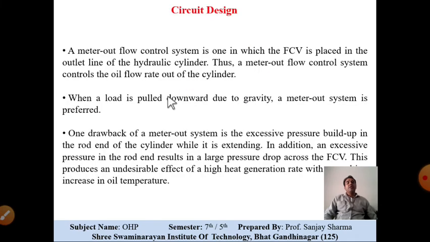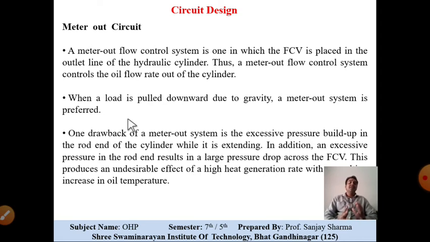Now, the meter out flow control system is one in which the flow control valve is placed in the outlet line of the hydraulic cylinder. As I told you, this is a meter out flow control system which controls the oil flow rate out of the cylinder. When a load is pulled downward due to gravity, a meter out system is preferred.